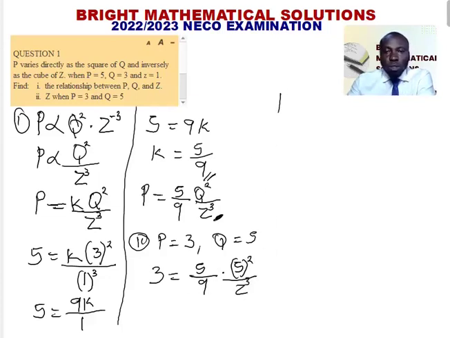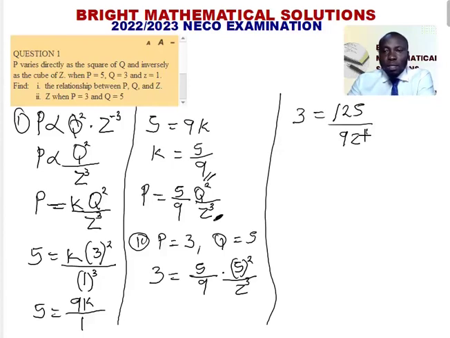So let us multiply this so that we can get a simplified expression. 3 equals 5 raised to the power of 2, that's 25. 25 multiplied by 5 gives us 125, all over 9Z cubed. Now let us cross multiply.